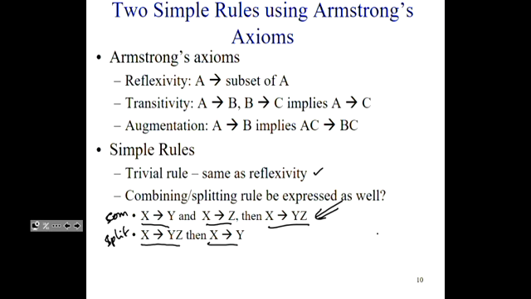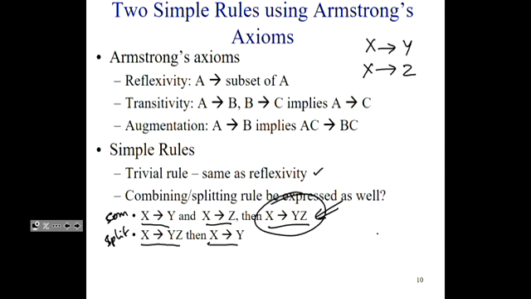So I have x implies y and x implies z, and I want to derive x implies yz. Any guesses on how I would apply Armstrong's axioms to get this? Let me start with a hint.